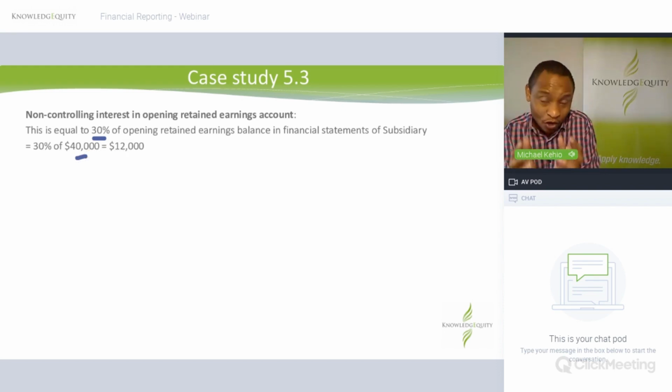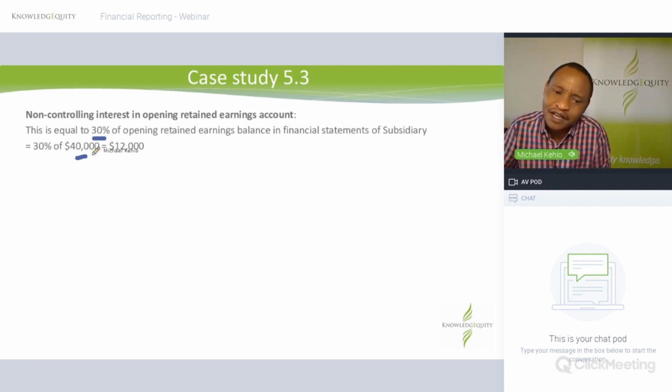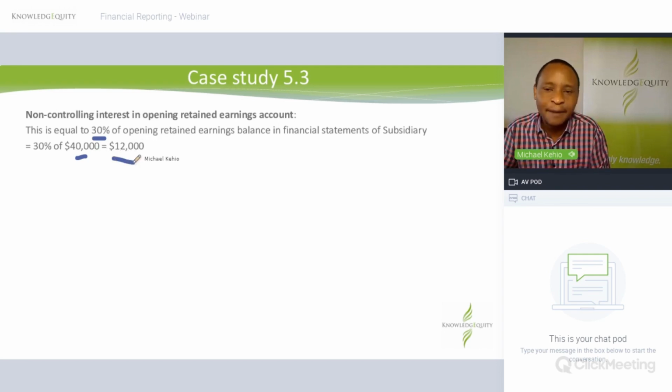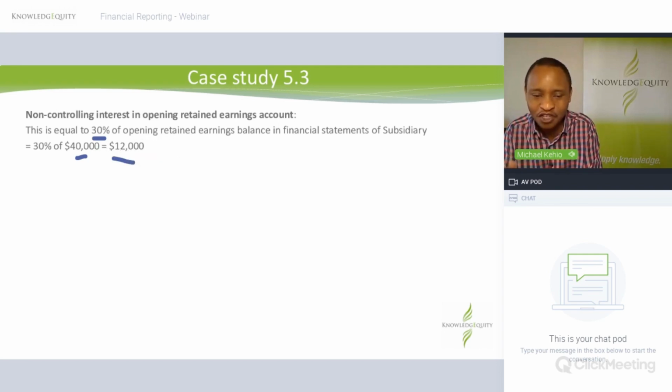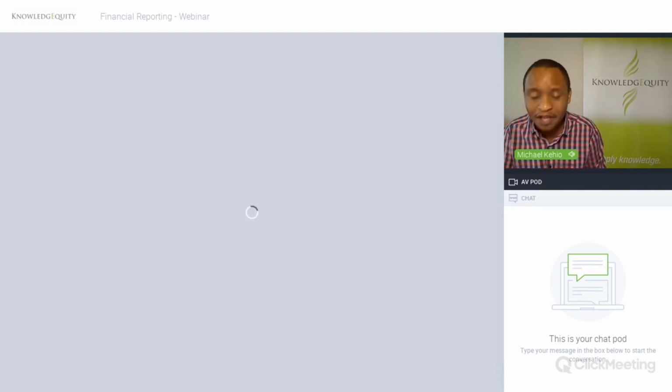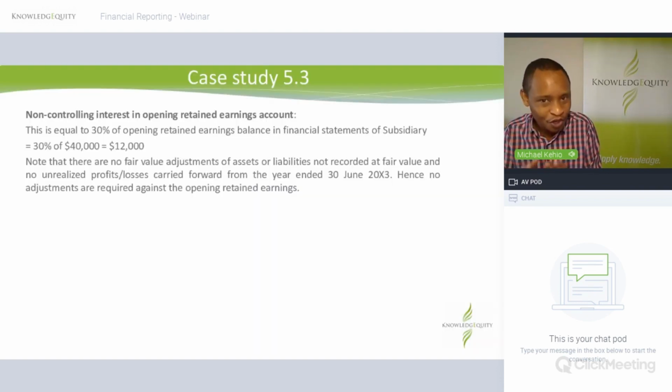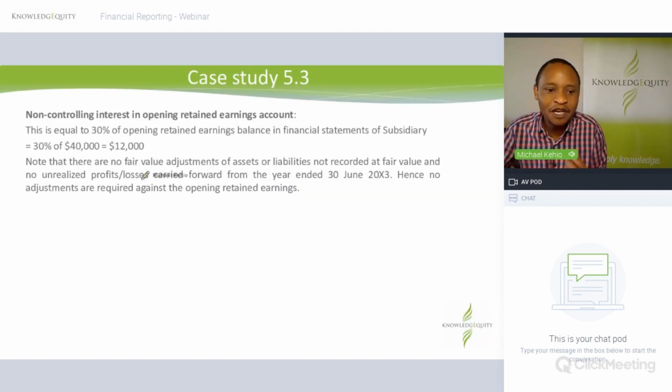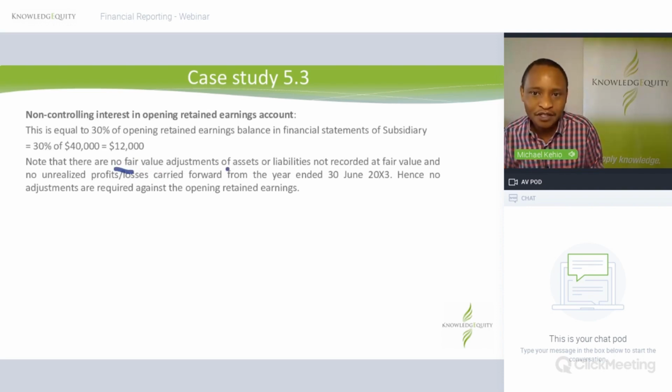So the non-controlling interest owns 30%, and so it's very straightforward that the portion for that non-controlling interest is 12,000. Now, the good thing is we don't need to adjust this amount. Why? Because we are told that there are no fair value adjustments of assets and liabilities that need to be made. So there's no requirement to make any further adjustments to them. And that is a good thing.